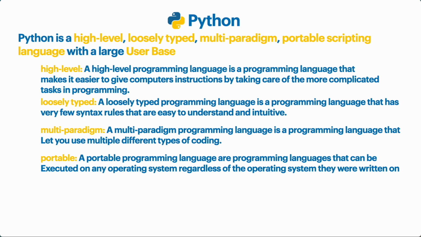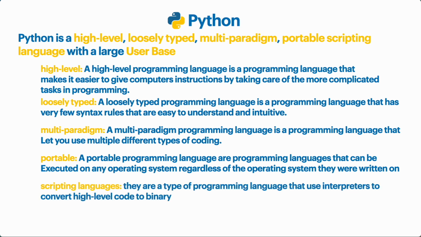And finally, what's a scripting language? Well, remember the translators that I talked about, who translate high level programming languages to low level programming languages? We're going to get into a little more detail here. A scripting language is a type of programming language that uses interpreters to convert high level code to binary.